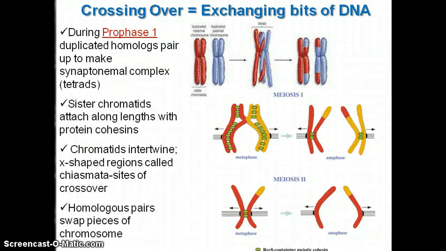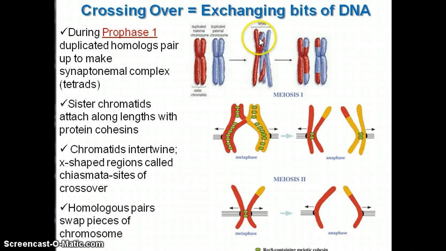So let's stop and look at what crossing over involves. So back in prophase 1, during meiosis 1, we have the duplicated homologs pairing up to make the tetrads. And another term for these tetrads is a synaptonemal complex. How's that for a mouthful? So we have, again, a pair of homologs, one from each parent, that are made up of sister chromatids.